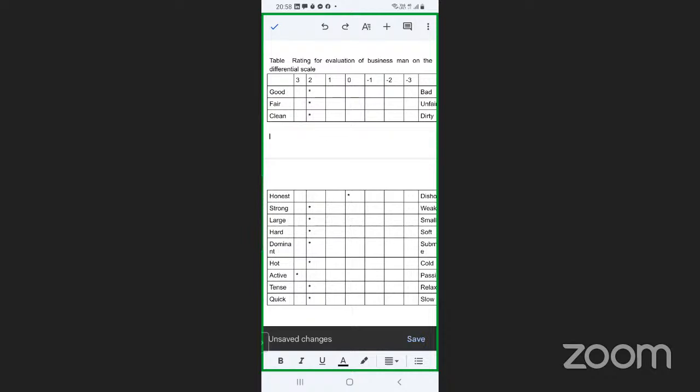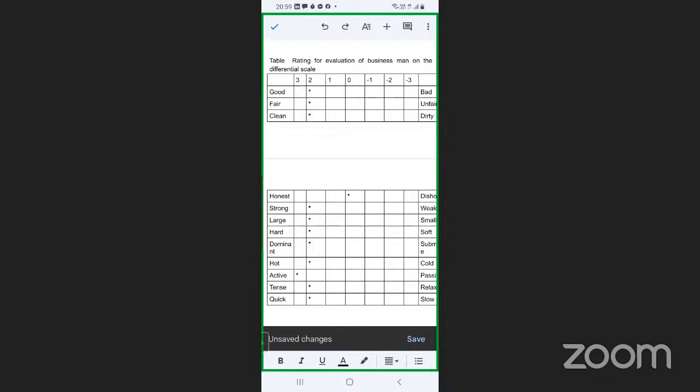Table: rating for evaluation of businessmen on the semantic differential scale. Good, fair, clean, honest, strong, large, hard, dominant, hot, active, tense, quick, with 3, 2, 1, 0, -1, -2, -3, and then bad, unfair, dirty, dishonest. Please read in this manner: there will be bipolar adjectives.